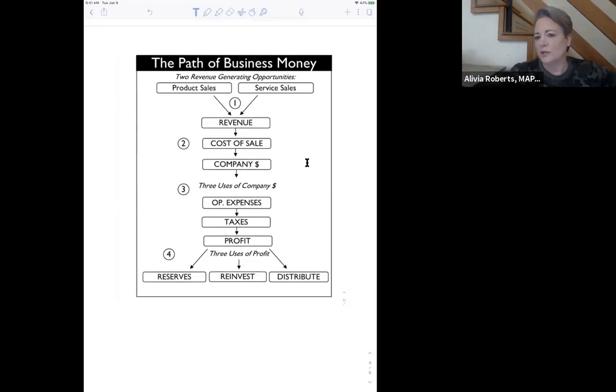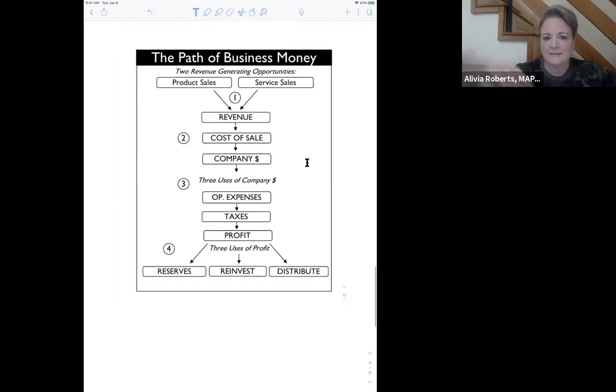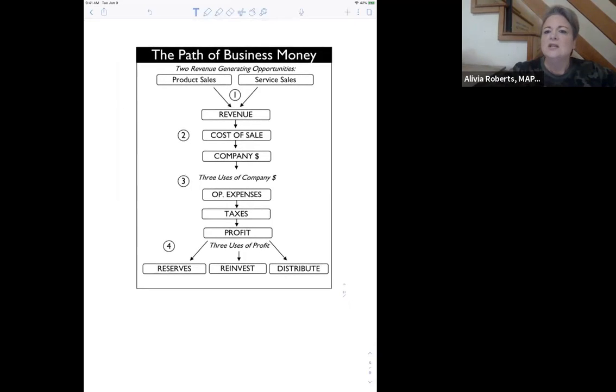Service sales: real estate. It's that simple. In our situation, we're going to have a service sale, and that's going to create revenue. From that revenue, we have cost of sale, and then what's left over is company dollar, right? Again, not anything new. It's just, are we familiar with it?